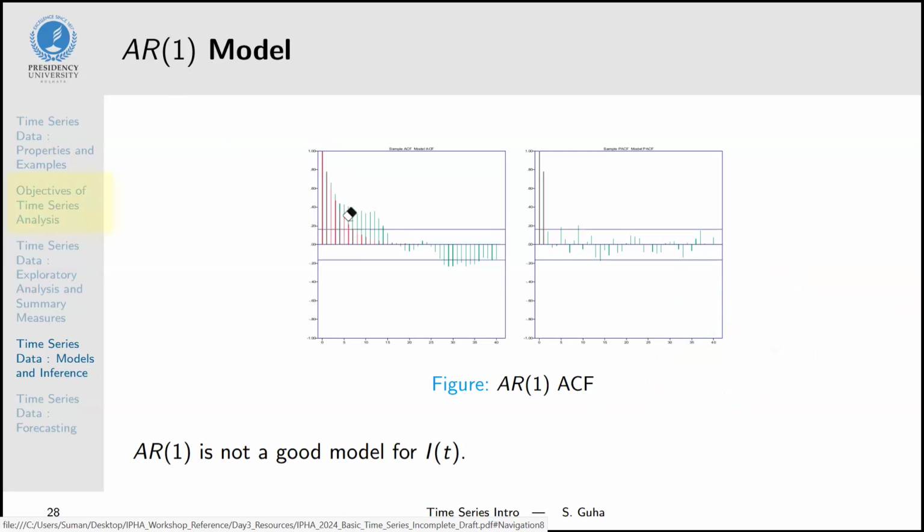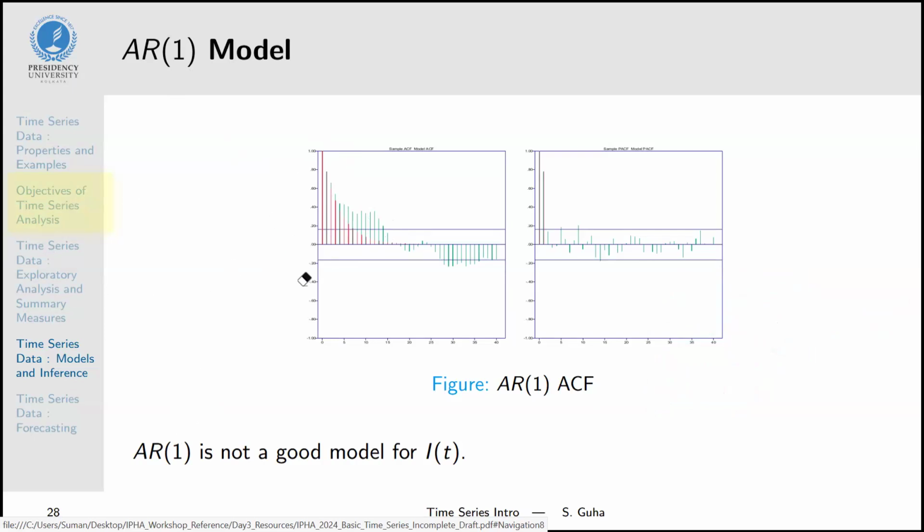It has a relatively better behavior, decreasing gradually, which matches well with the data, although not exactly. So that means AR(1) is at least better than MA. But still, it is not really a good model.